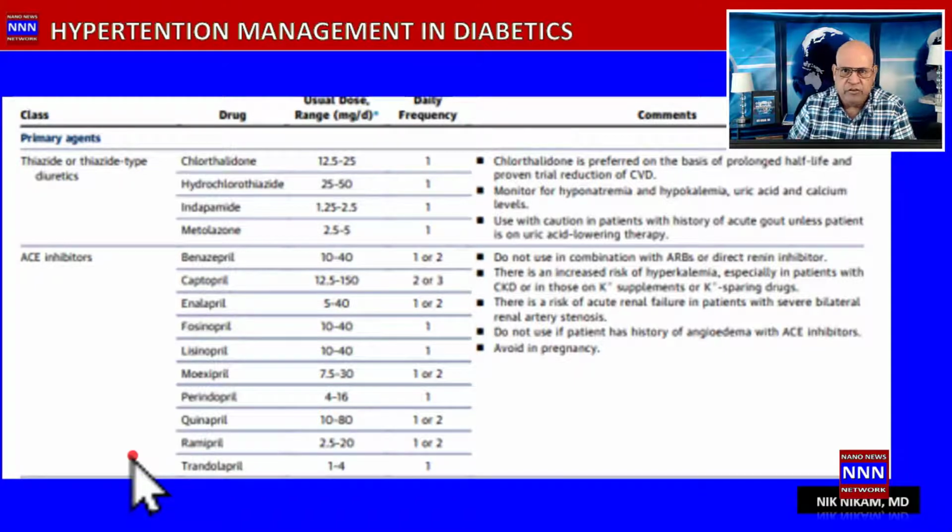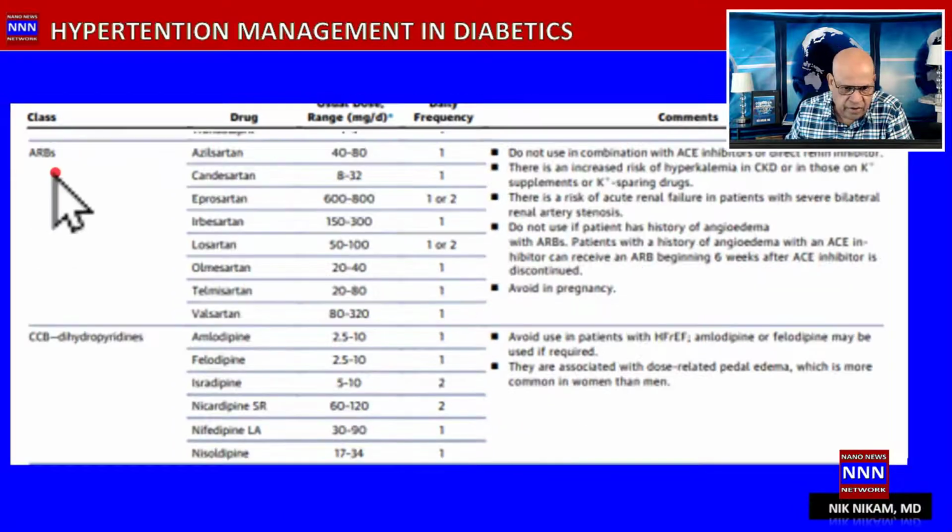The dose of lisinopril is 10 milligrams twice a day, maximum 40 milligrams, and you titrate them. You can give it once a day. I prefer to give them twice daily because it's easy to keep a steady blood pressure. If lisinopril is not available, you can also try enalapril. So I would follow up with just a couple of drugs, whatever you feel comfortable, because they all do the same thing.